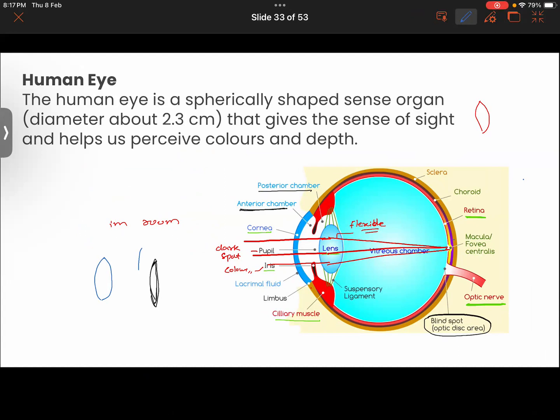And retina is nothing but acting as a screen on which the image is formed in the eye, and it is just behind the eye lens. But retina is different from a wall or another type of screen, right, because it is connected with so many nerve cells.